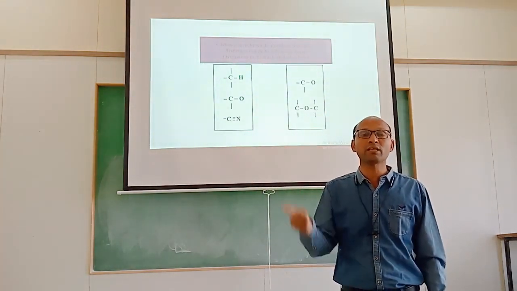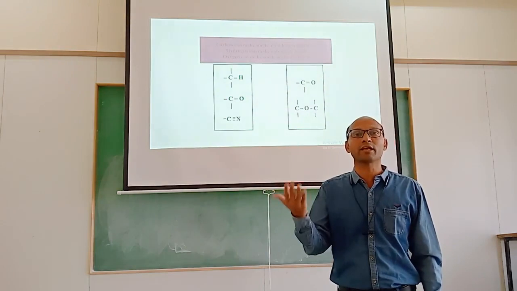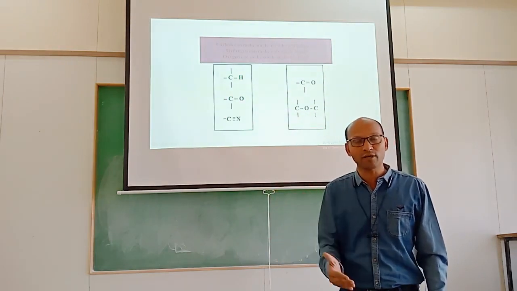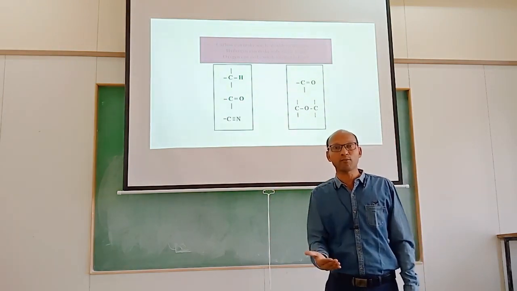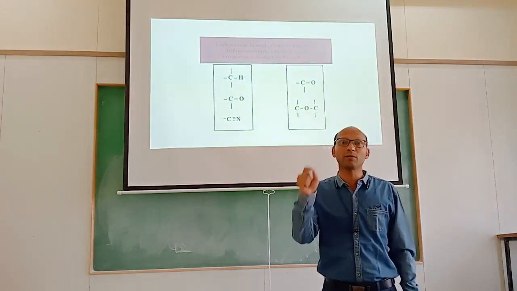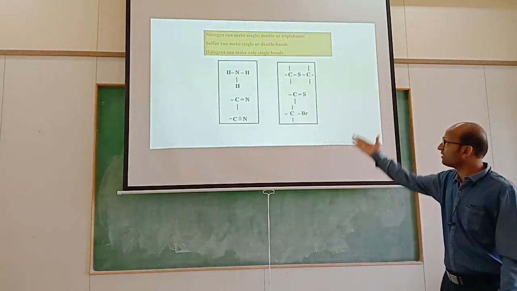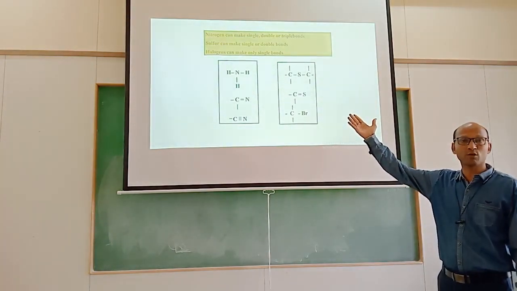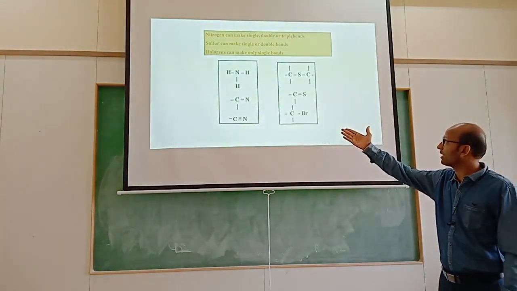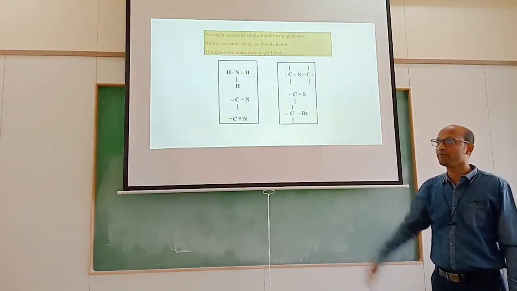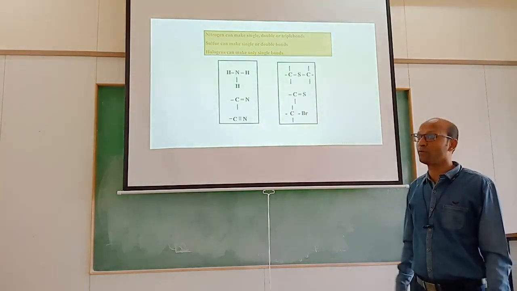They are most probably formed in situ and expire later on. So whenever you show carbon with 3 bonds, there should be a positive charge or a negative charge. Then for nitrogen I have shown the example: nitrogen has 3 bonds, carbon has a double bond, and similarly a carbon-nitrogen double bond is there.